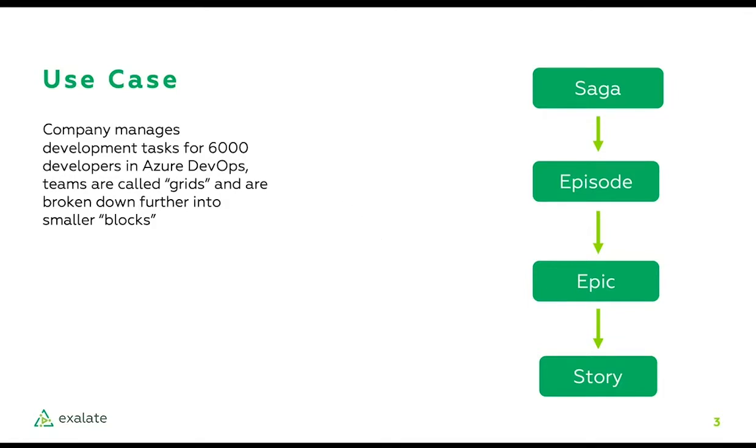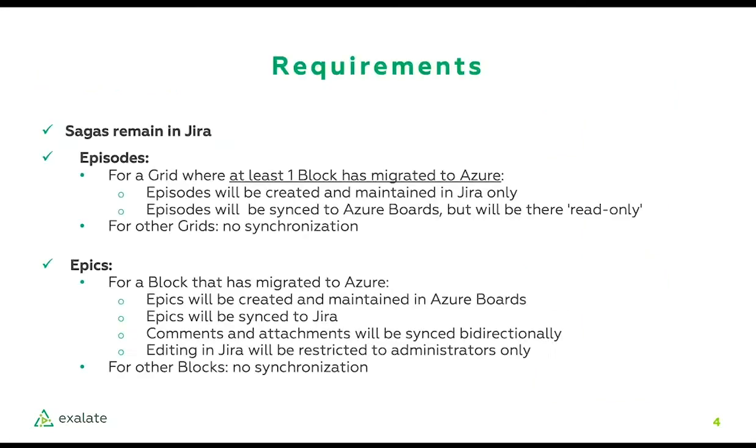So instead of epic being the top issue type, they have episodes on top of epics and they have sagas on top of episodes. And there are some very specific requirements for this use case, but for this introductory demo, it's not necessary.